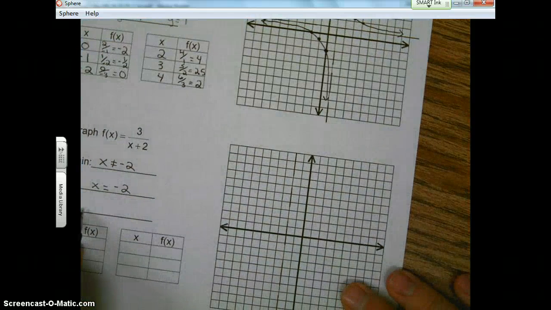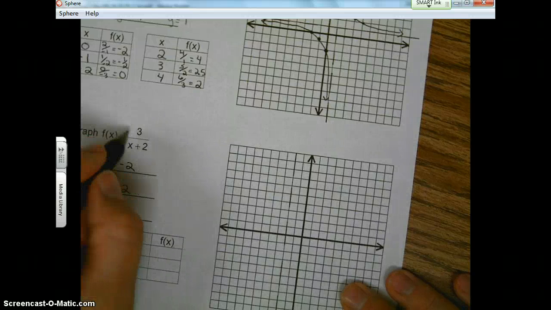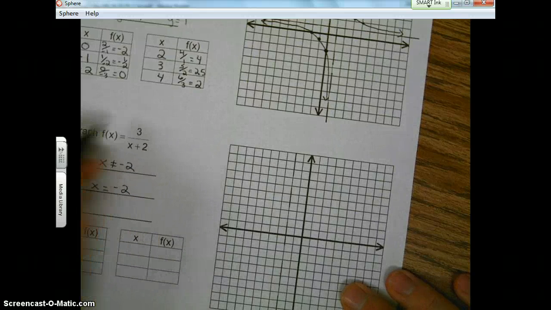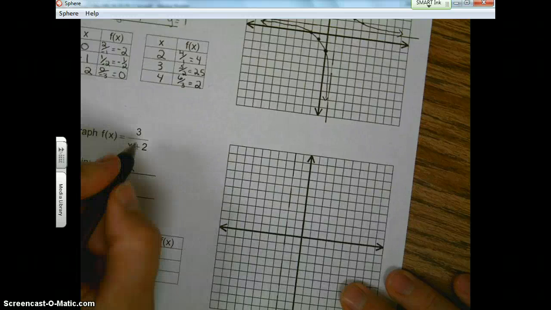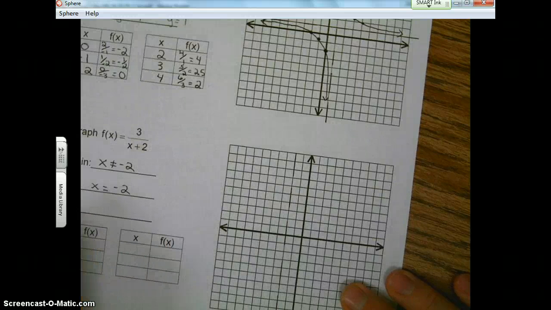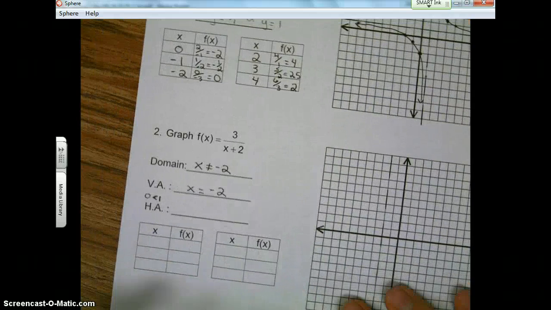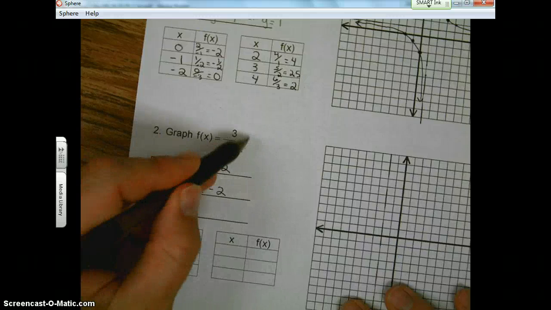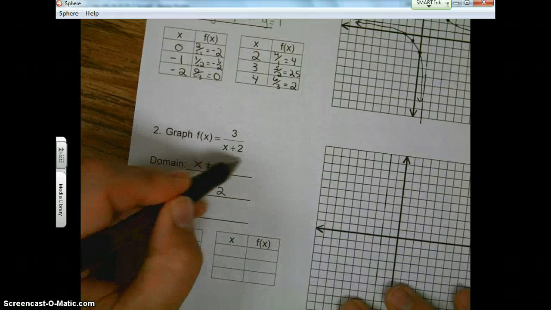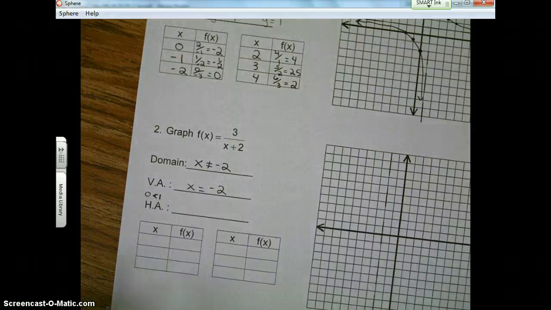Horizontal asymptote. Let's look at the degree. The degree of the numerator is 0. The degree of the denominator is 1. So we have 0 is less than 1. Let's take a look back at our notes.